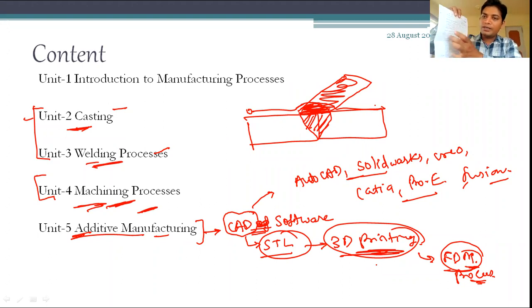Whatever is printed is 2D. But perpendicular to the plane, in this direction, if you start printing something, then this will be a model. So we call it 3D printing, three-dimensional printing.